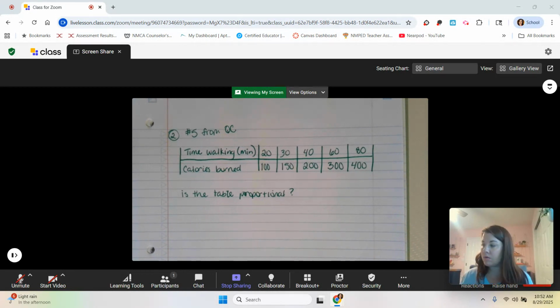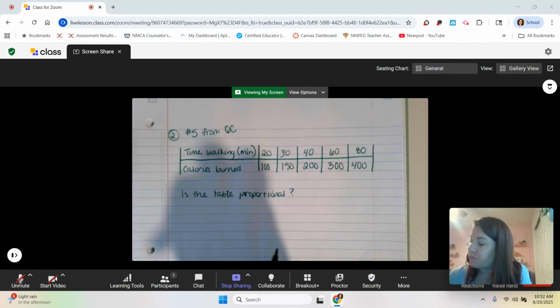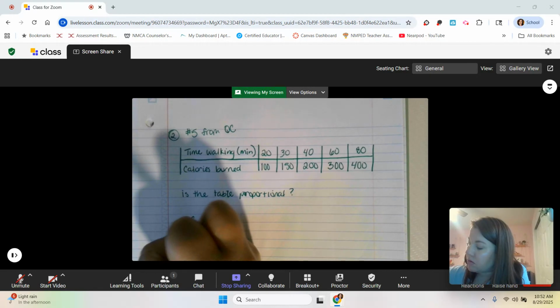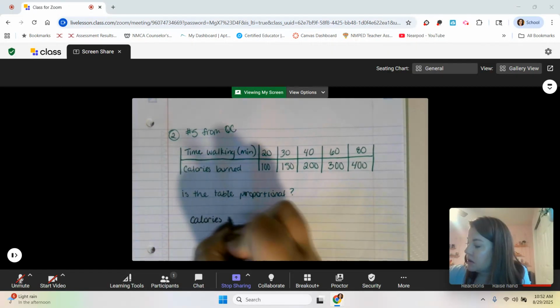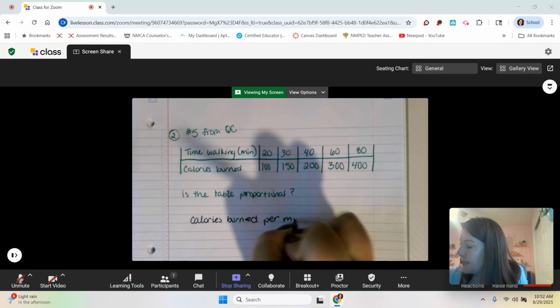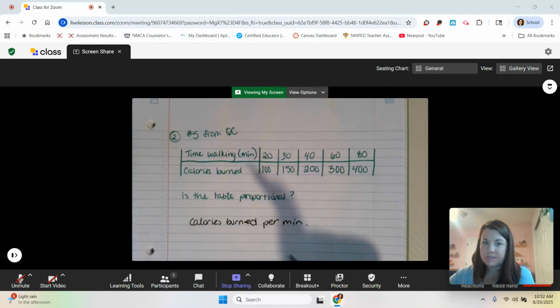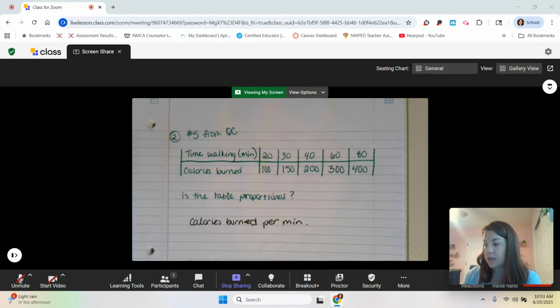Okay, so in order to figure that out, we could take calories burned, we say calories burned per minute, right? If it's per minute, it's per 1 minute. And remember, in the constant of proportionality or the unit rate, there needs to be that 1 in the denominator.